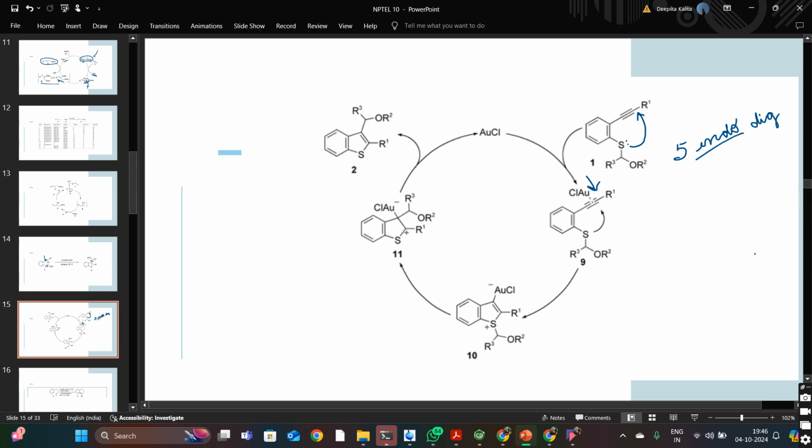Okay, you will see 5-endo cyclization by the sulfur atom, and after the attack we are going to get this cation, which is compound number 10.